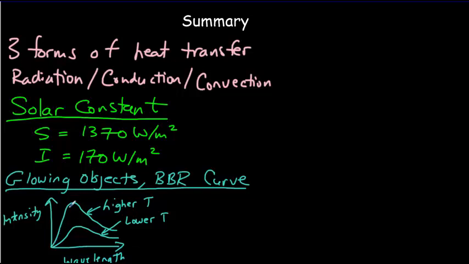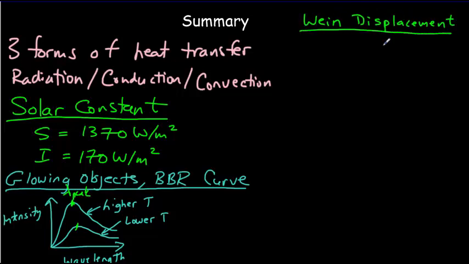We want to notice that we get more of this radiation when the temperature is higher, and it will be of a generally shorter wavelength. And we also want to notice that the peak wavelength shifts towards longer wavelengths as you go to lower temperatures. And there was actually a relationship between the temperature and the peak wavelength. That was the Wien Displacement Law, which said that the temperature in Kelvin would be equal to 2.89 times 10 to the minus 3 divided by that peak wavelength.